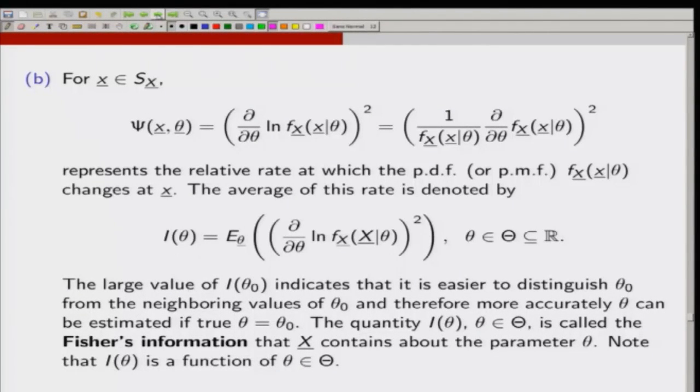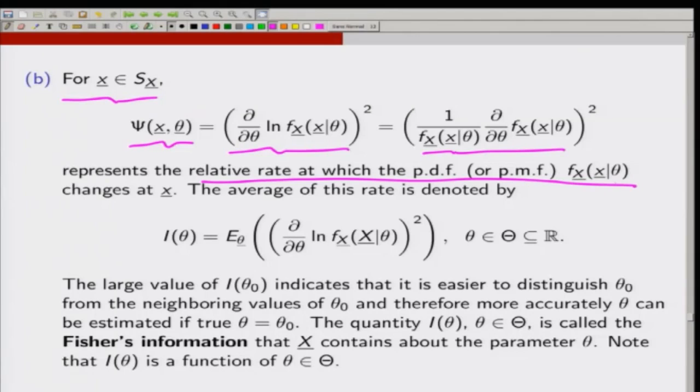Then another set of regularity conditions is, for x belonging to Sx, let us look at psi(x, theta), which is del by del theta of log f_X(x; theta), and the square of that. This is the case where theta is real valued. So it is 1 upon f_X(x; theta) times del by del theta of f_X(x; theta), whole square. Now, this represents the relative rate at which the PDF or PMF f_X(x; theta) changes at x.